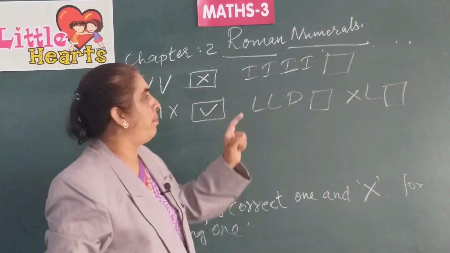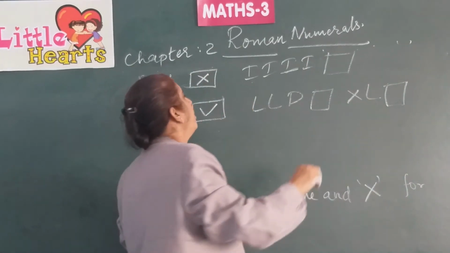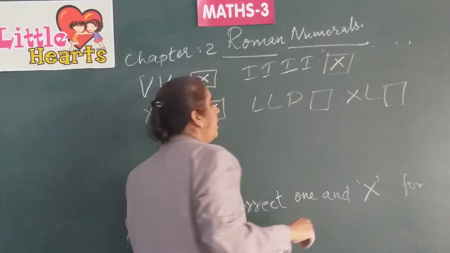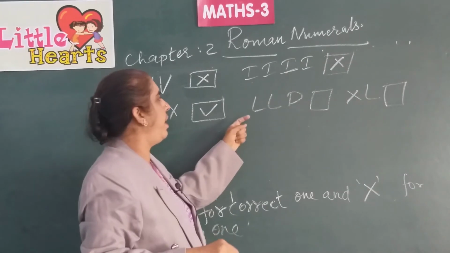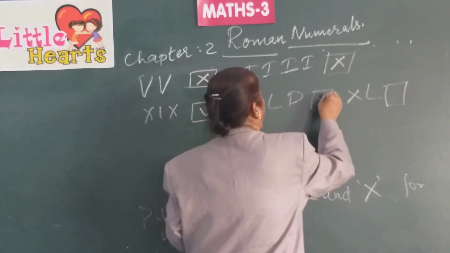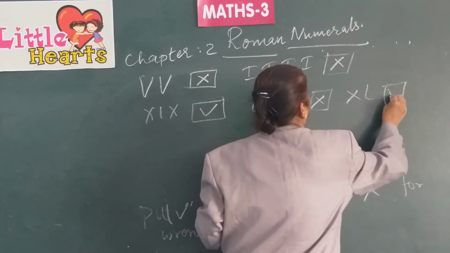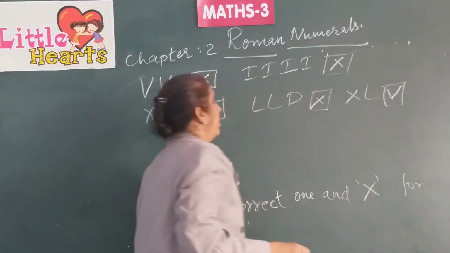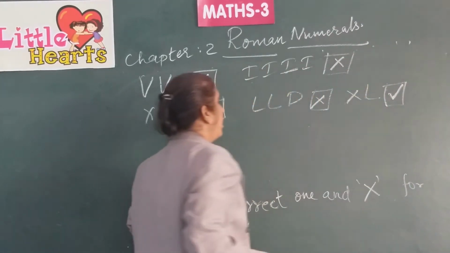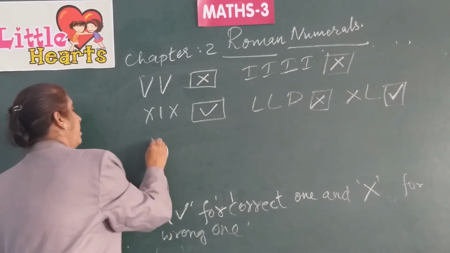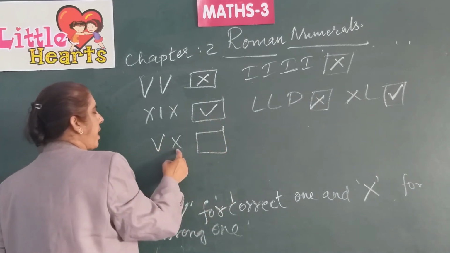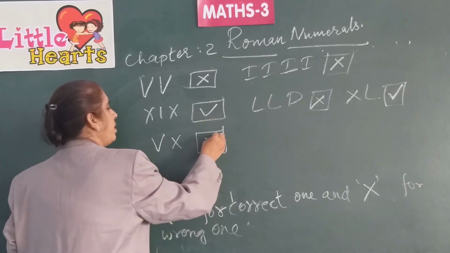I should not be repeated more than 3 times, so it is wrong. LLD. V and L also cannot be repeated, so it is wrong. XL. Right. VX. V cannot be subtracted from X, so it is wrong.